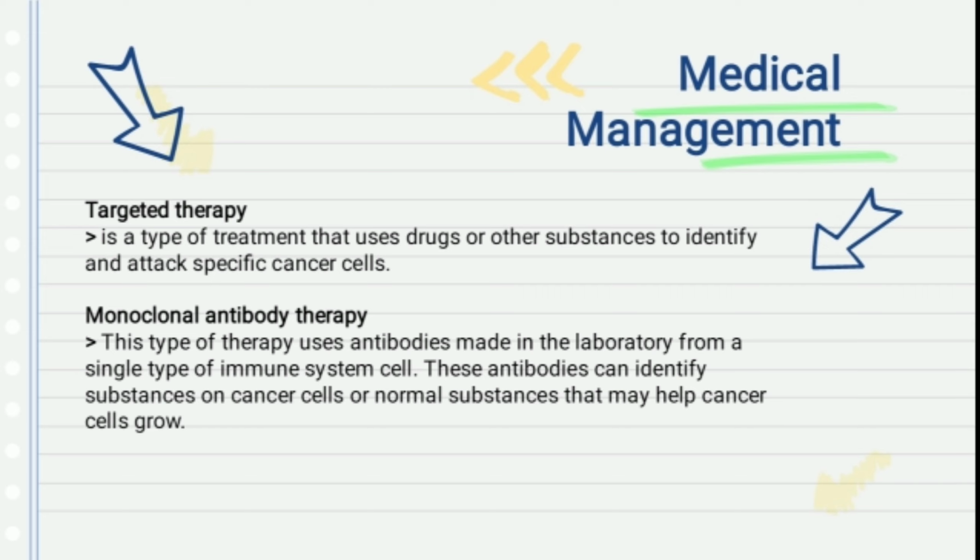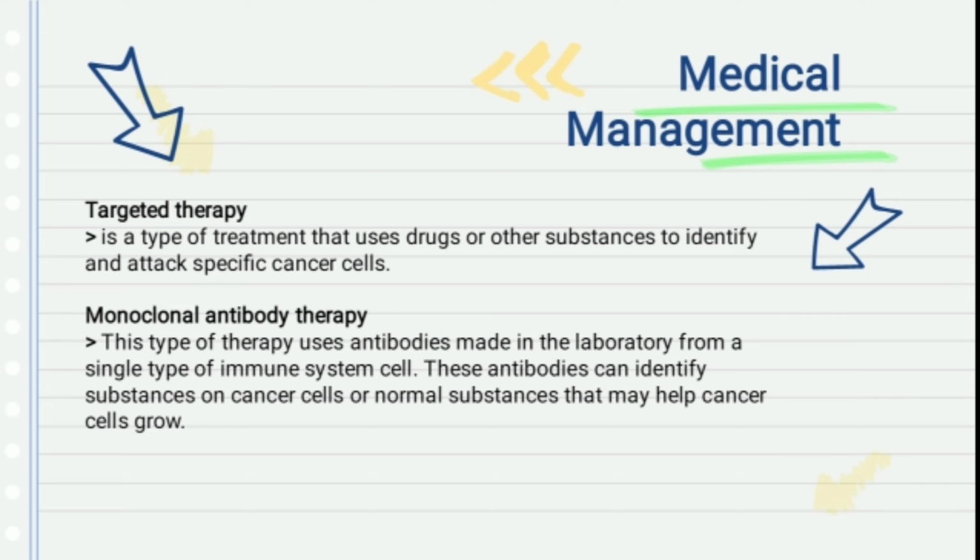Next therapy for gastric cancer is targeted therapy. It is a type of treatment that uses drugs or other substances to identify and attack specific cancer cells. Targeted therapies usually cause less harm to normal cells than chemotherapy or radiation therapy.